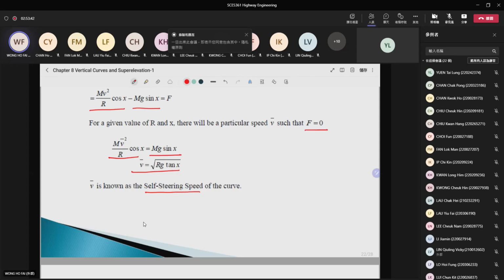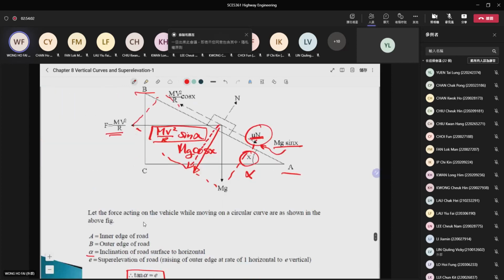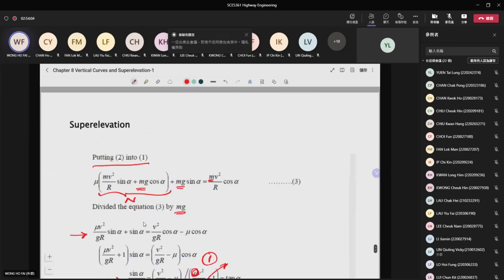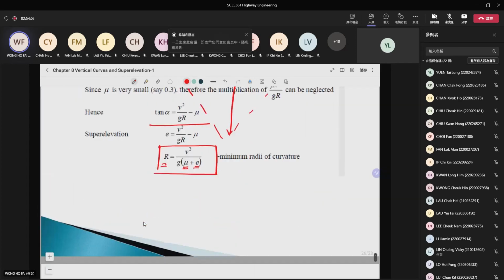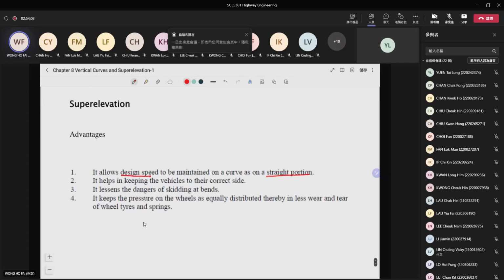So for this one, it is always important to provide the so-called super elevation. If not, you can see that there will be centrifugal force applied on the vehicle. And the smaller the R, the larger the centrifugal force. And if the friction is not enough, then you will have accidental sliding of the vehicle easily. So in order to keep your vehicle at the same speed as on the straight portion, you need to provide super elevations.